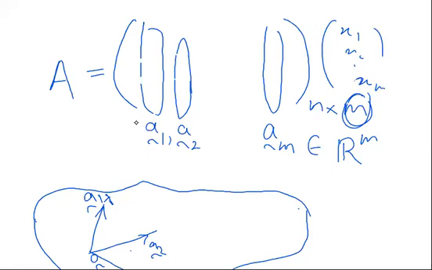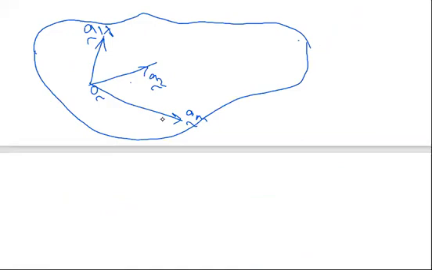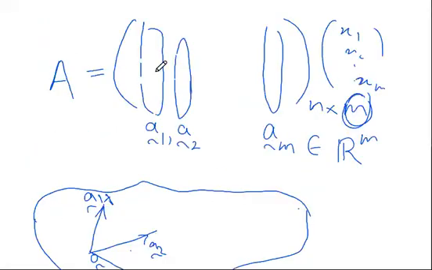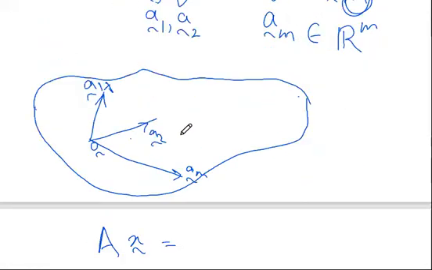So Ax is the spanning set: x1 times vector a1, plus x2 times a2, and so on up to xm times am.